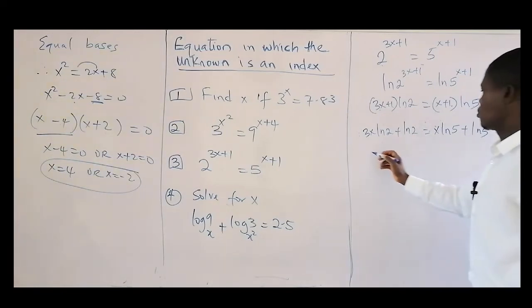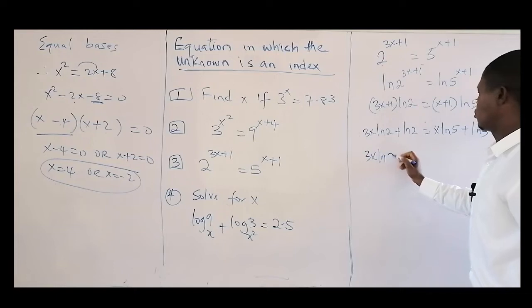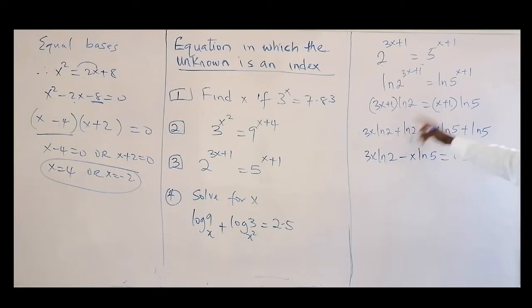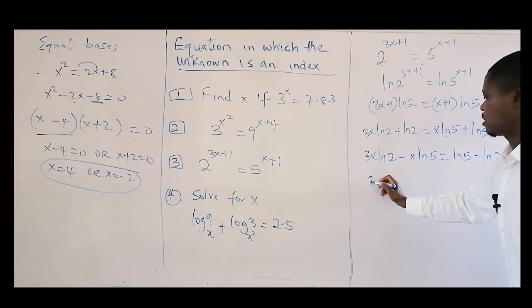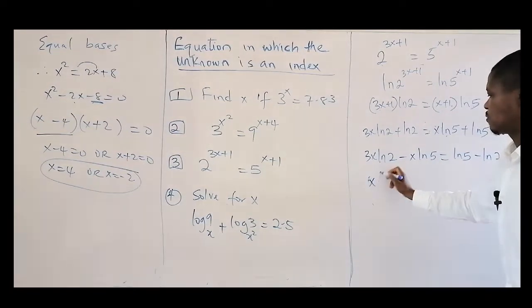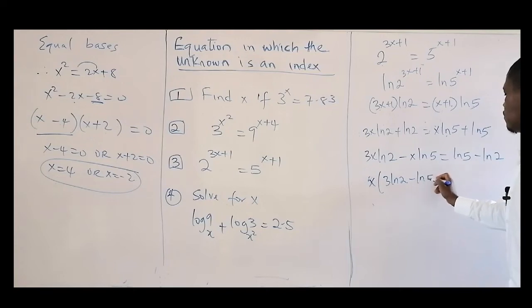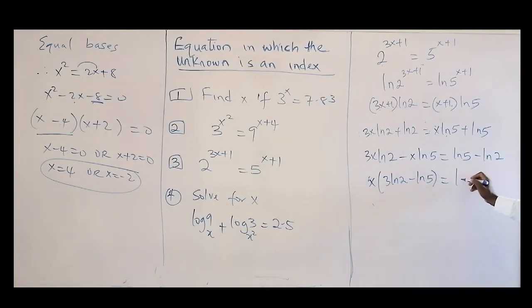So that will be 3x ln 2, move this one to the other side, minus x ln 5 equal to ln 5, move this one to the other side, minus ln 2. So x is common here, take that out.